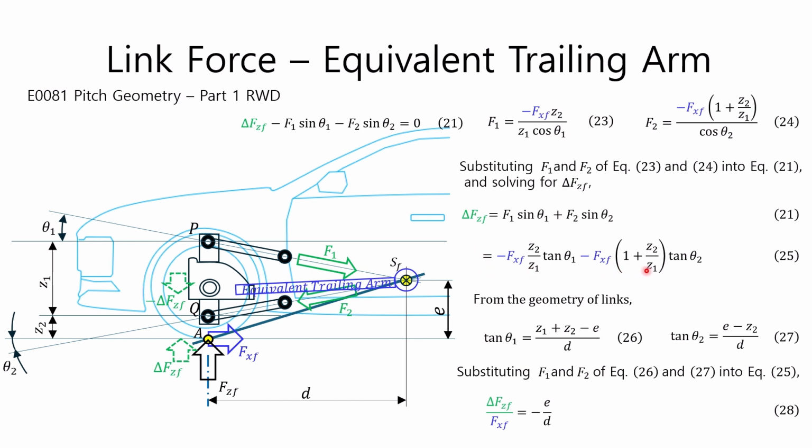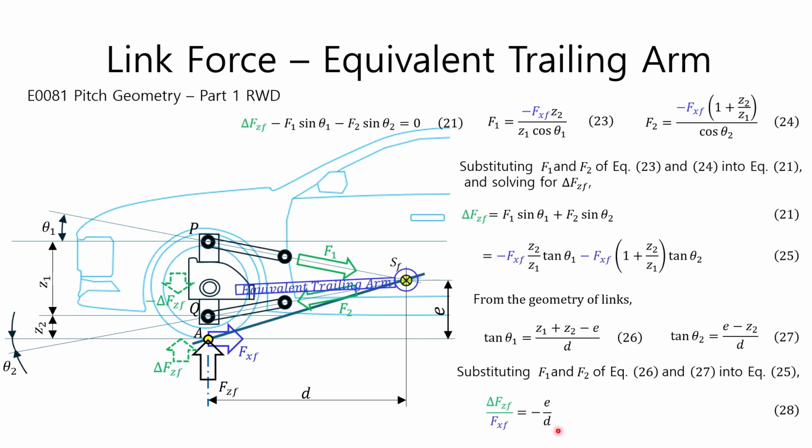Meanwhile, from the geometric arrangement of the suspension arms, the tangent value of the F1, the mounting angle of the upper arm relative to the horizontal plane, can be calculated as in equation 26, and the tangent value of the F2, the mounting angle of the lower arm relative to the horizontal plane, can be calculated as in equation 27. By substituting the derived equations 26 and 27 into equation 25, equation 28 can be obtained.